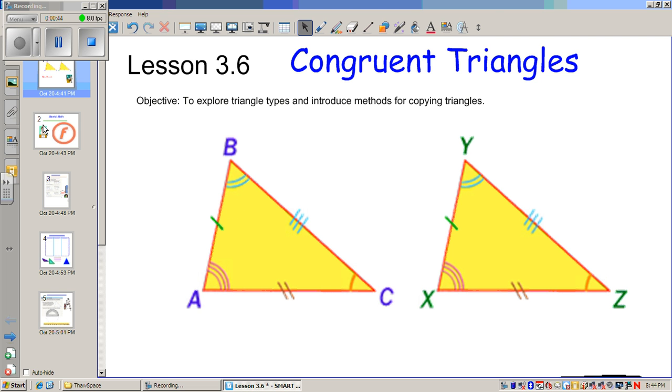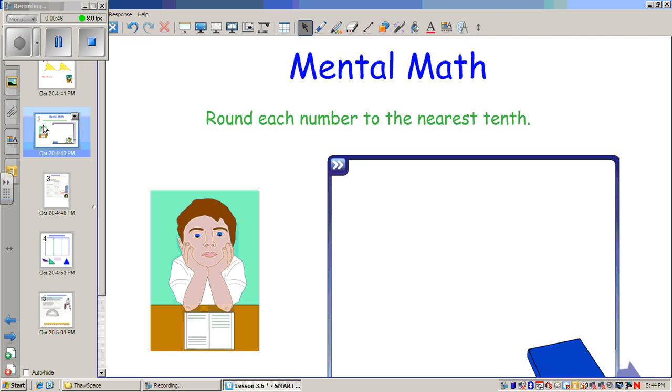But let's do a little mental math first as a warm-up. It says round each number to the nearest tenth. Little review. So if I have 81.39, hopefully I know that my tenths place is the 3.